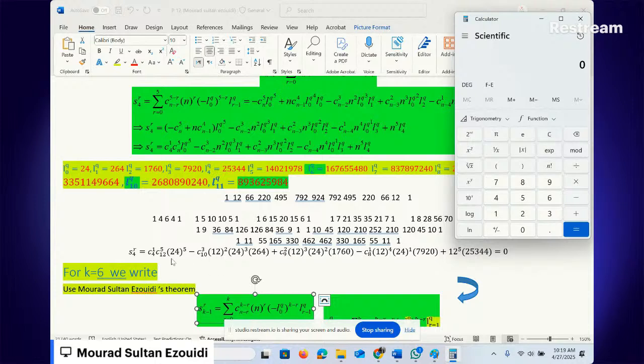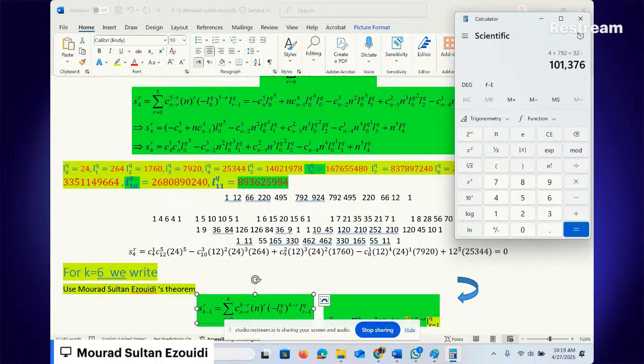I will repeat again. We have 4, multiply. We told 5: 12 to 5, 1, 2, 3, 4, 5. That is 792, multiplied by 2 raised to the power 5, which is 32.